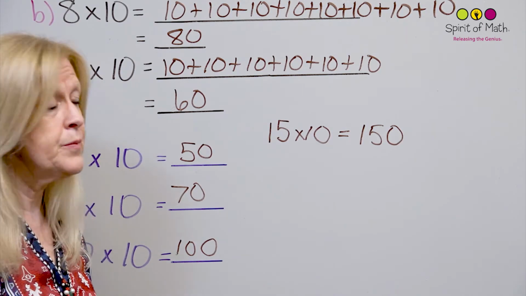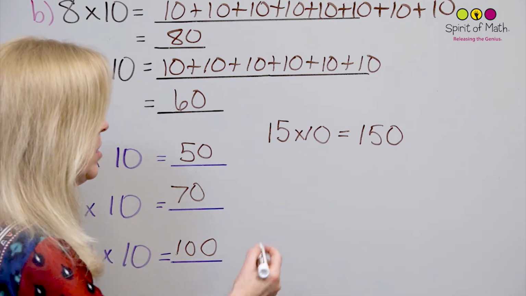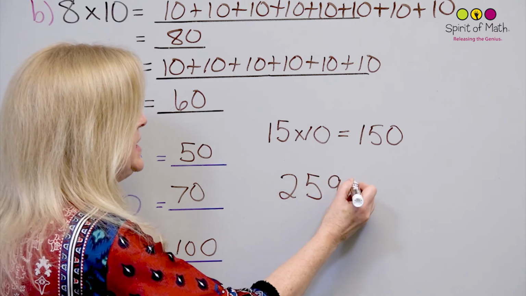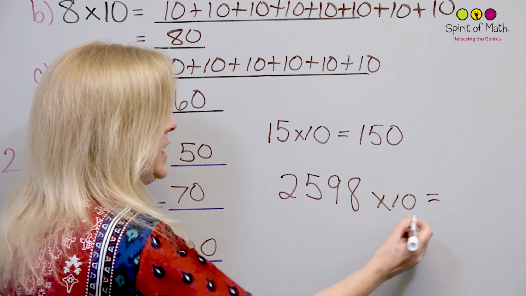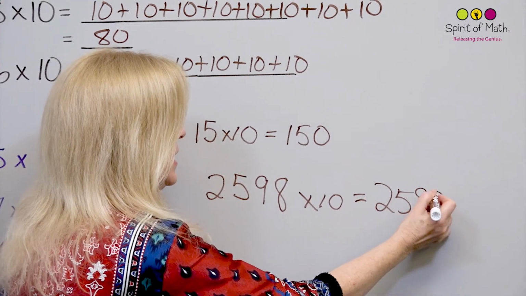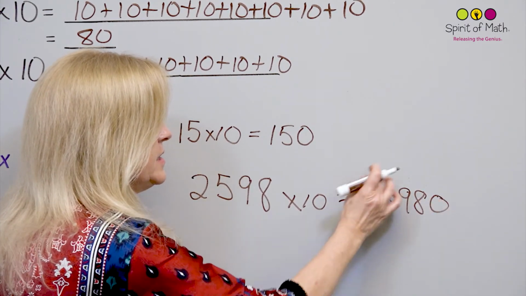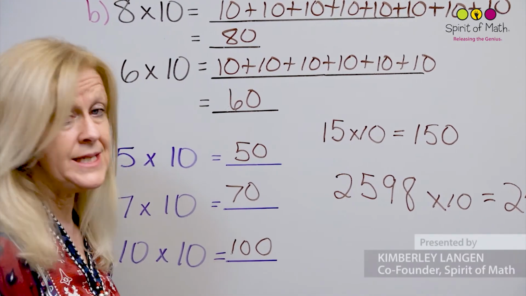All you do is put a 0 at the end because it is with the T, with the 10. So if you had 2,598 and you multiply that by 10, it is that number with the 0 at the end, showing it's that 10 times. Okay? So that's multiplying by 10.